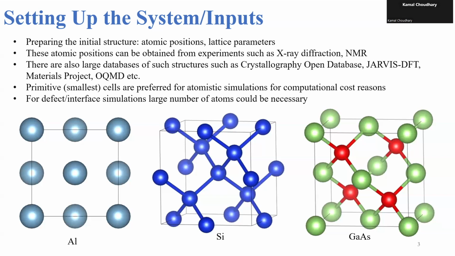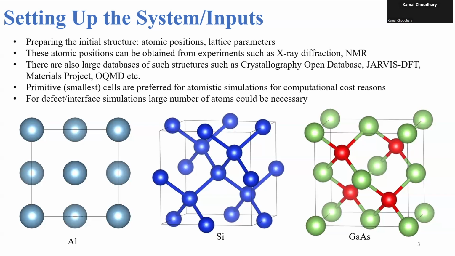When we say initial atomic structure, this can take different forms. It could be a primitive cell, the smallest unit cell required to represent a material, or a conventional cell. It can be a perfect cell, or a defect and interface cell. While going through this exercise, we will point out the difference between them.